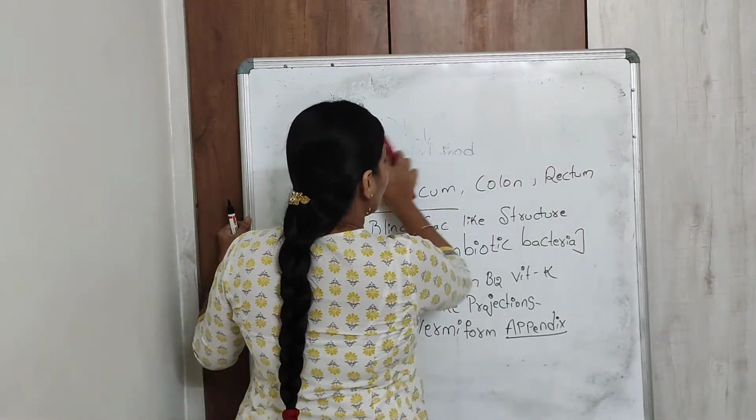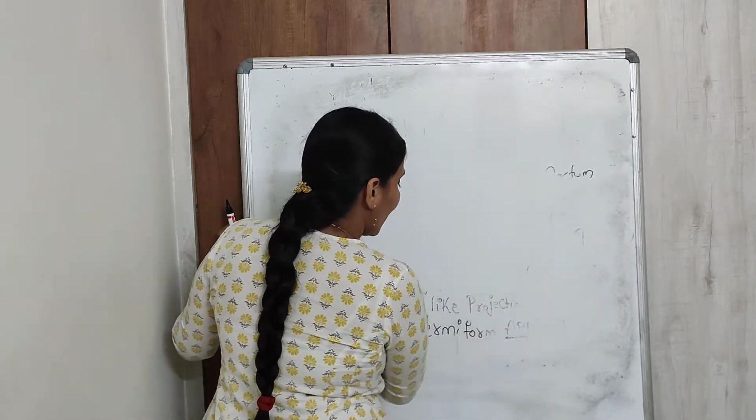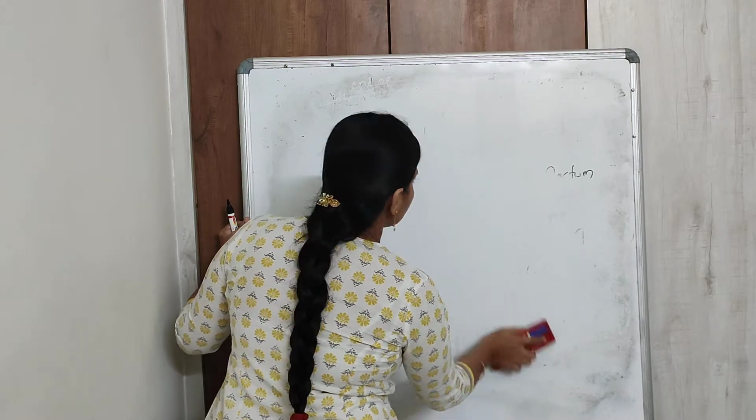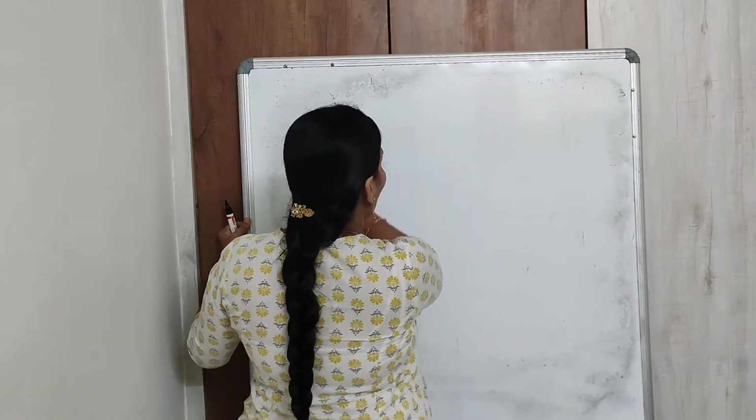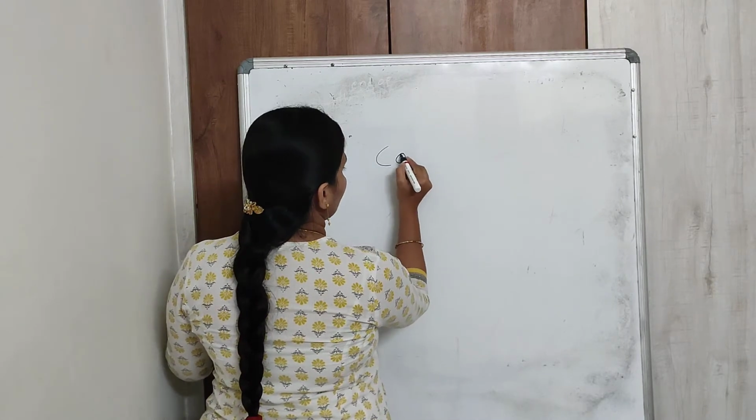So we have discussed about cecum, and we know what is the next part of the large intestine, children. It is colon. So what is present inside the colon? Let's discuss.